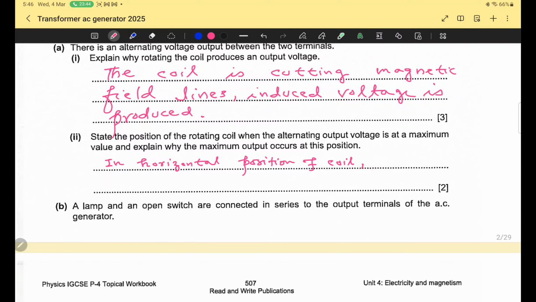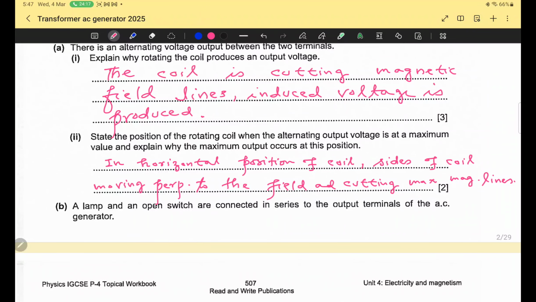So when the coil is in horizontal position, sides of coil moving perpendicular to the field, and cutting maximum magnetic lines.